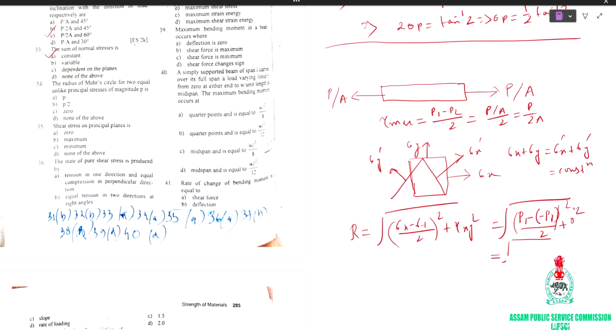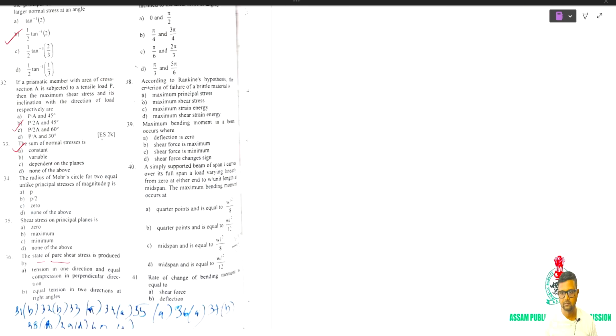This is whole square. So R equals P1, that means answer is A. Shear stress on principal planes is 0, right? All of you know that. On a principal plane, there is no shear stress, right?